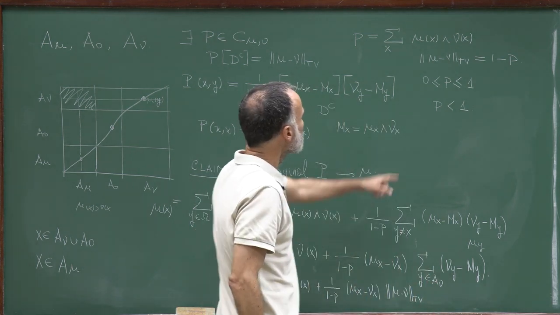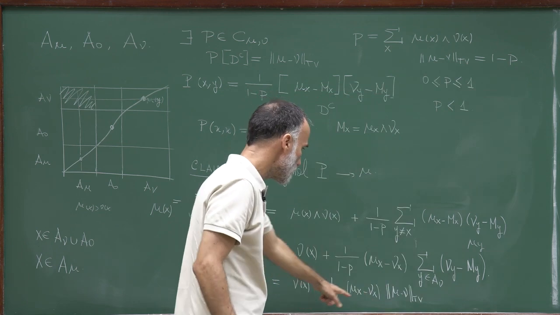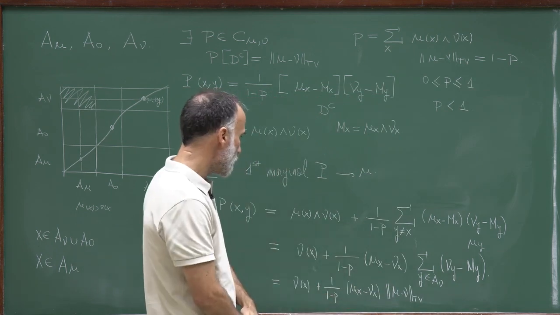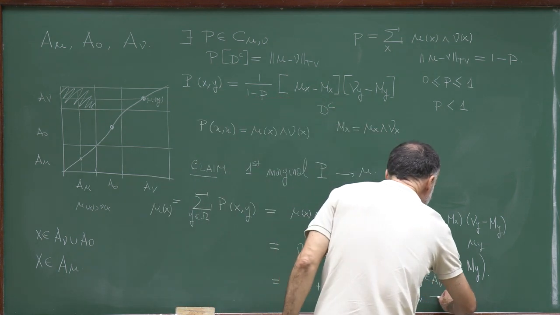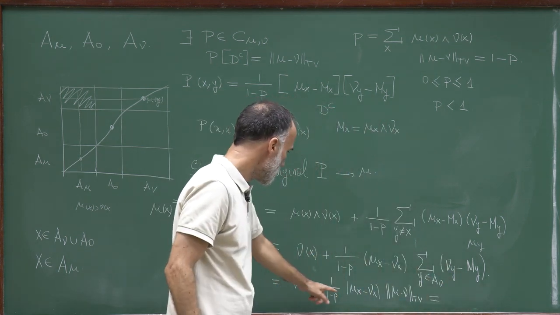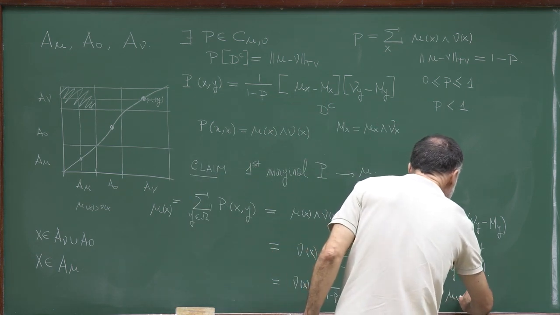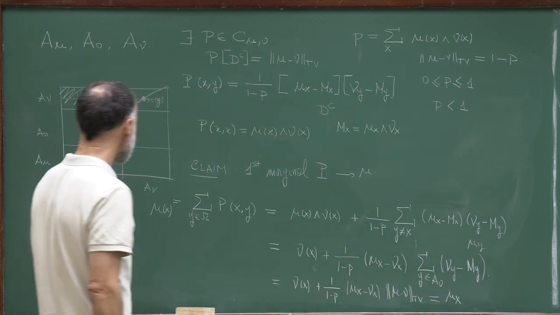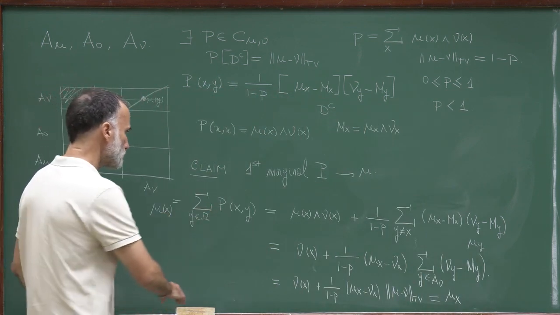And we have seen that the total variation between mu and nu is 1 minus p. So this quantity will cancel with 1 minus p, and what remains is nu(x) plus mu(x) minus nu(x). So this is equal to mu(x). And this proves that indeed the first marginal of p is mu.